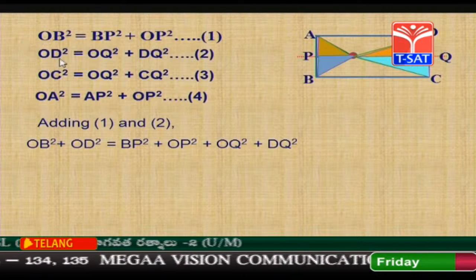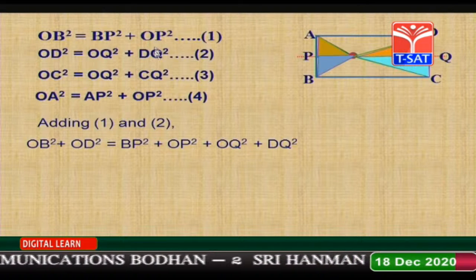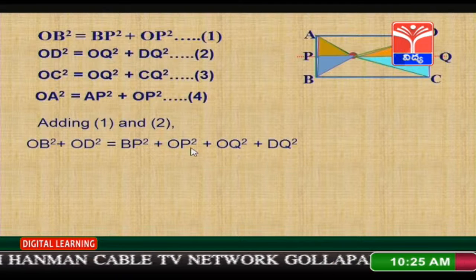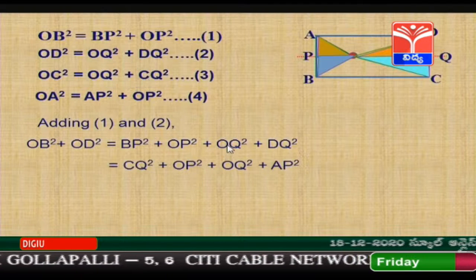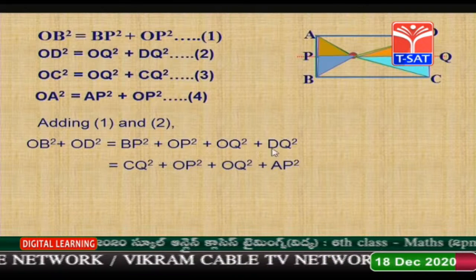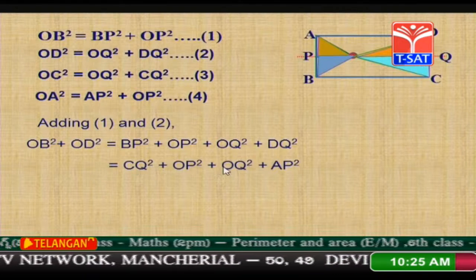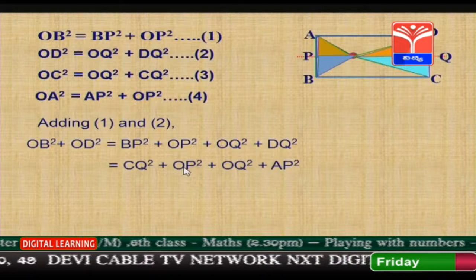OB square plus OD square is equal to BP square plus OP square plus OQ square plus DQ square. See, rearranging these terms, we get CQ square plus OQ square plus AP square plus OP square.